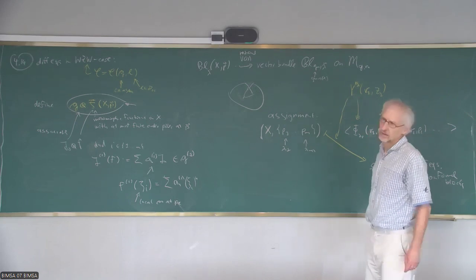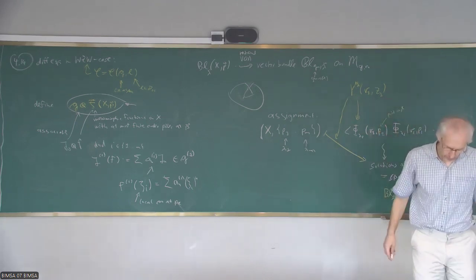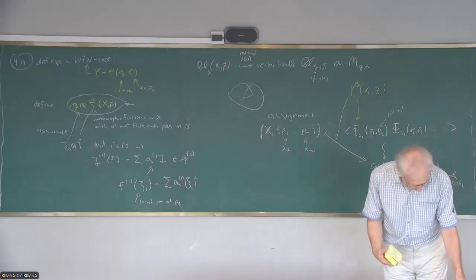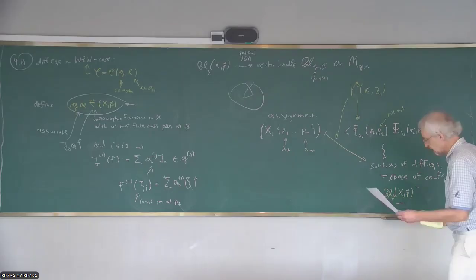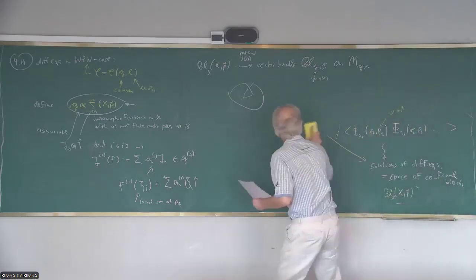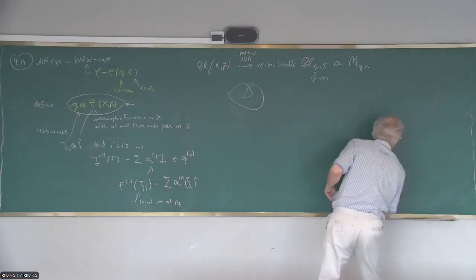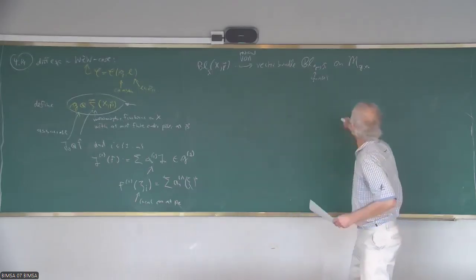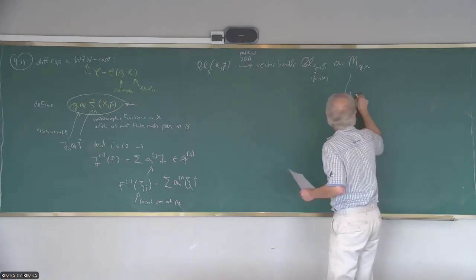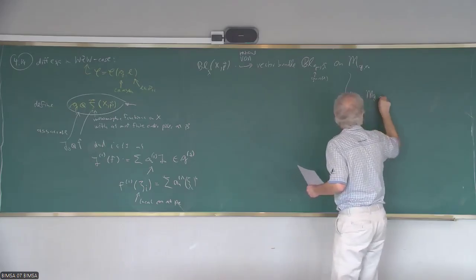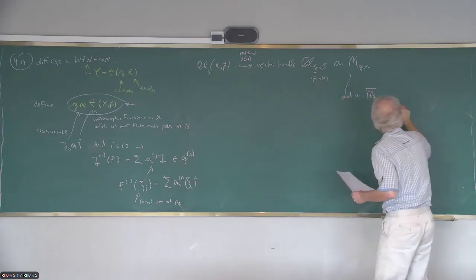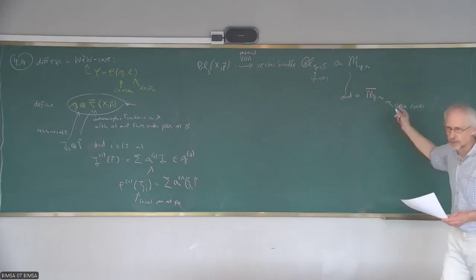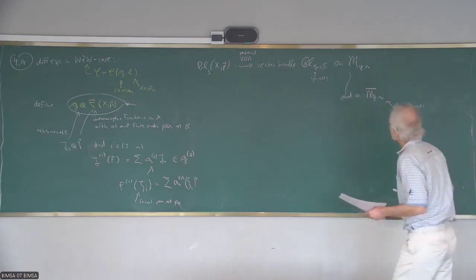And you can show again in the rational case and possibly beyond that the conformal blocks give you actually a vector bundle on the space of stable curves with marked points.